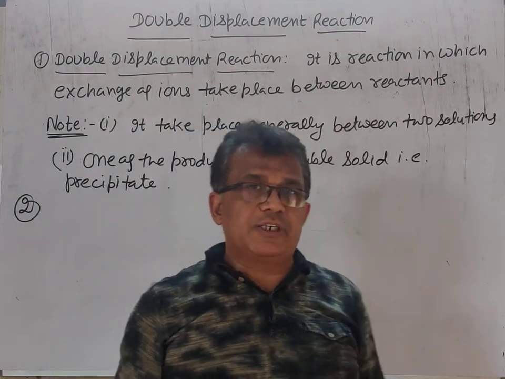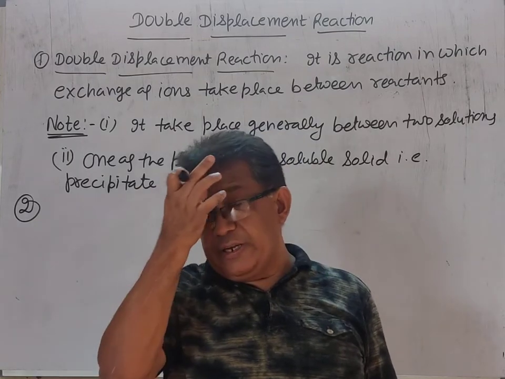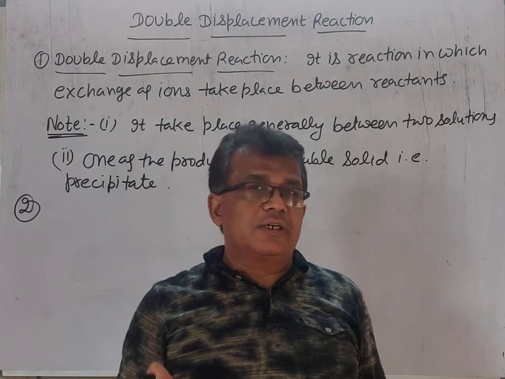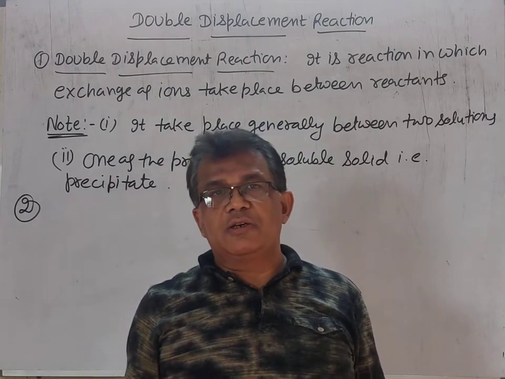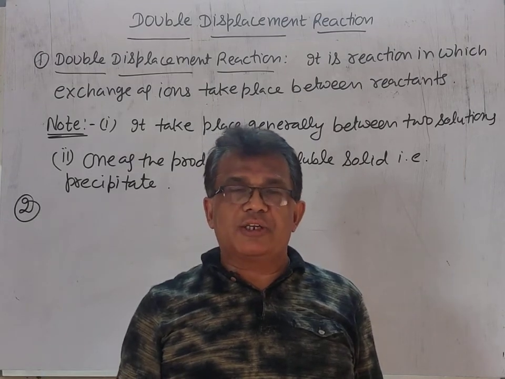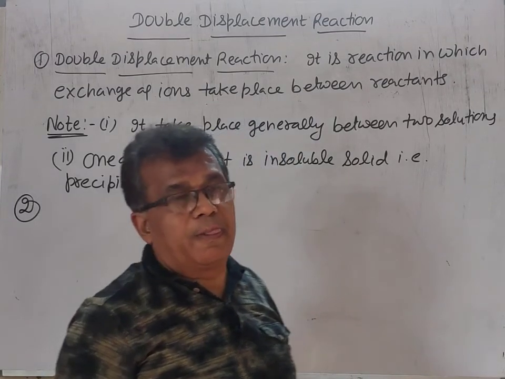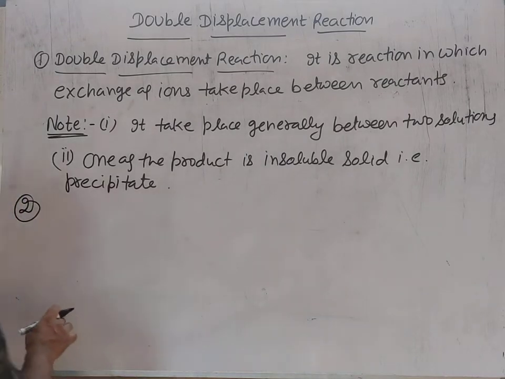Now what is a precipitate? I have also explained previously that it is an insoluble substance which suddenly separates out as a solid in a reaction. So what is a precipitate or what is PPT?